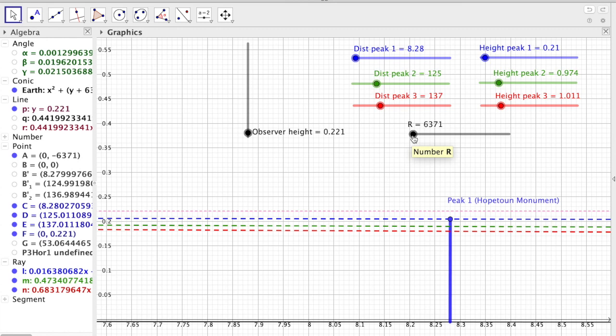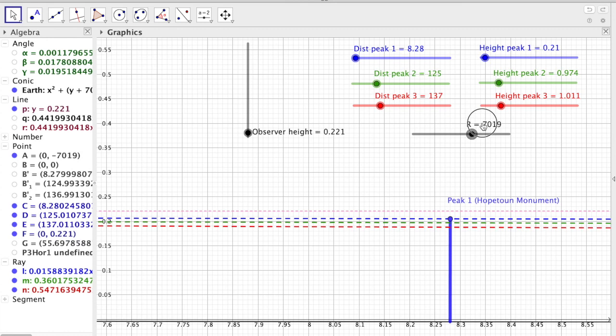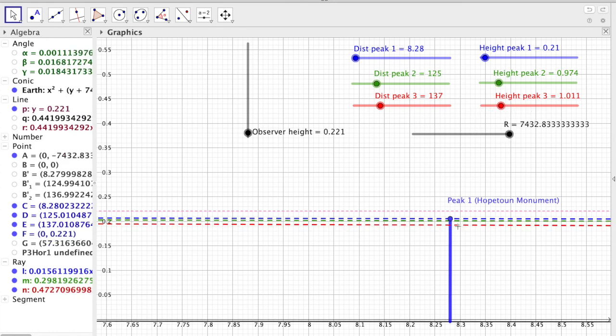So that basically means that we have an Earth with a radius that is 7 divided by 6 times this radius here. So if we do that, we see that these lines to the distant peaks get higher, or they appear to be higher, and we'll get back to these when we look at the peaks.